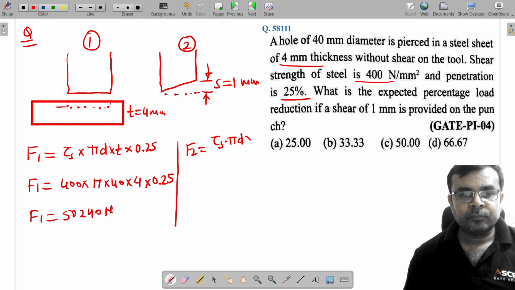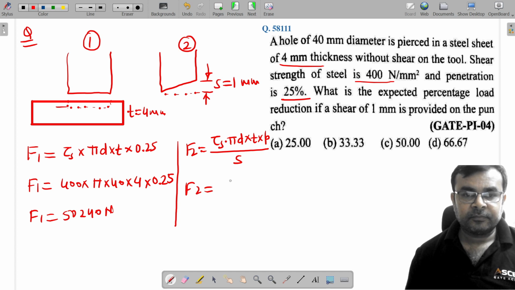And if I use shear, can I write F2 is nothing but tau s into pi into d into t into penetration p over s plus total penetration?